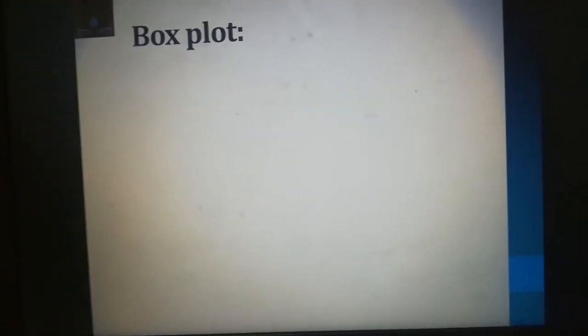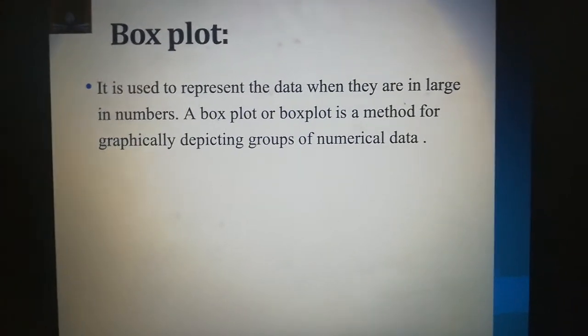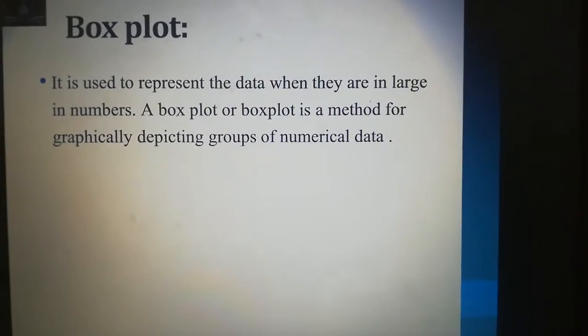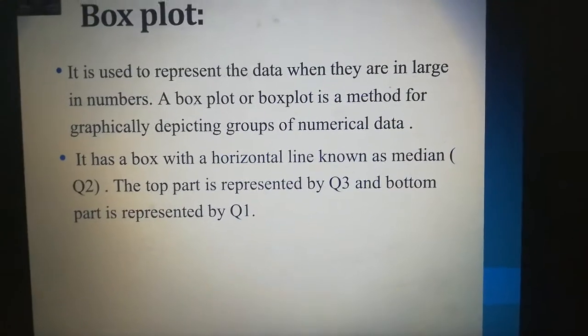Next one is the box plot. This is a little bit complicated, but it is usually used to represent the range. With the range we use a box plot, a method of graphically depicting groups of numerical data.